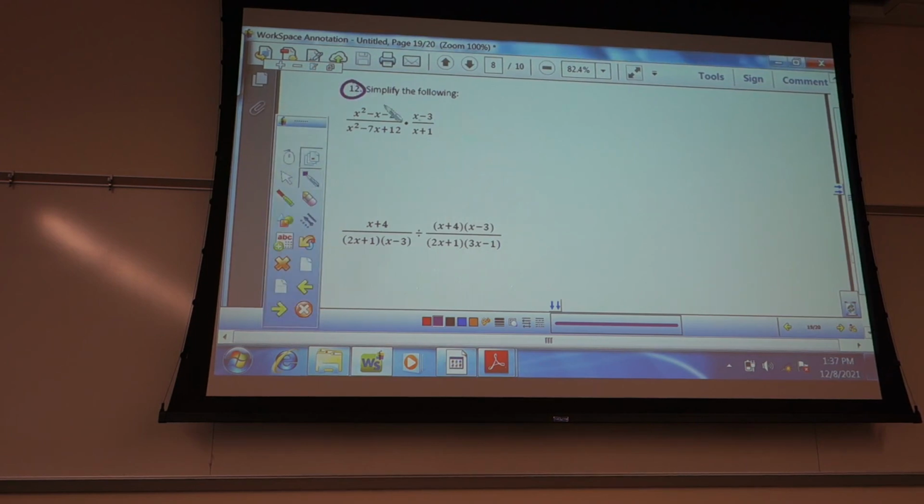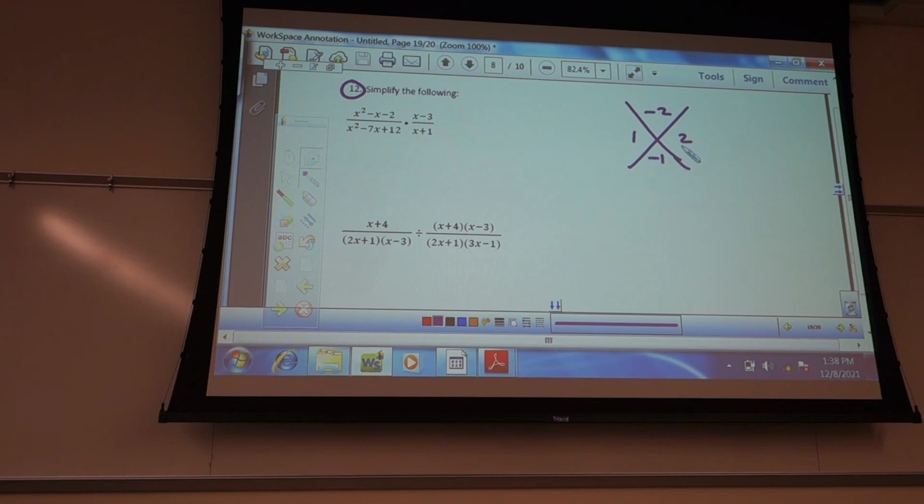So if I simplify this one, I have x squared minus x minus 2. I need two things that multiply to -2 and add to -1. What are two numbers that multiply to -2 and add to -1? 2 and 1.